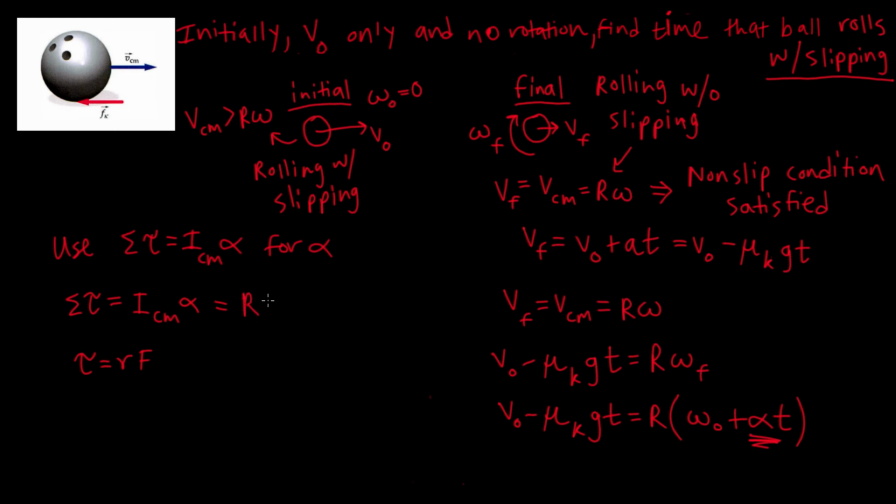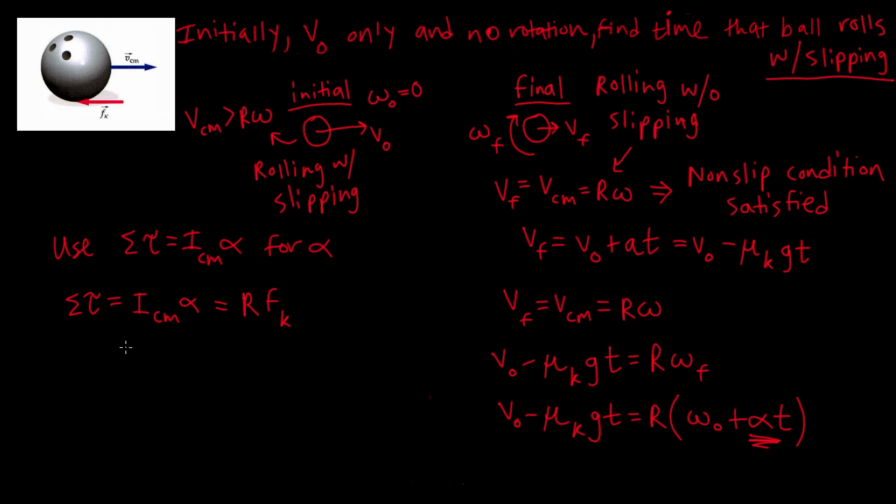So we know that the radius is r. Now the force that's causing this torque, or the force that's causing the object to spin, is just the force of kinetic friction, because that's the net force acting on the object. And the force of kinetic friction is acting at a distance r from the axis of rotation. That's why we multiplied it by the radius r.